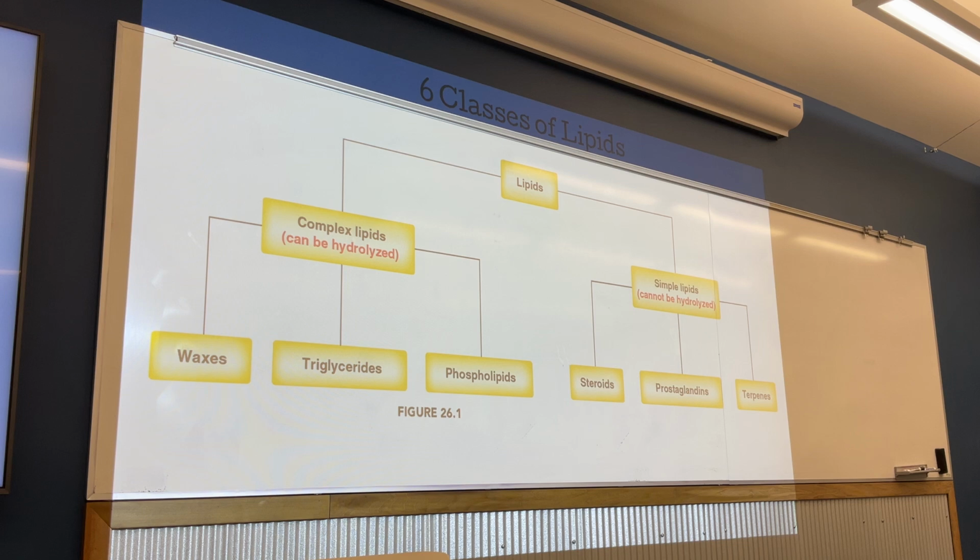Prostaglandins are a type of lipid. Actually, I would label this icosanoid, which I think I have a slide that talks about. Prostaglandin is a type of icosanoid, and these involve things like lycopenes, which you've probably heard of. They're in fruit and tomatoes, and they give it a red color.